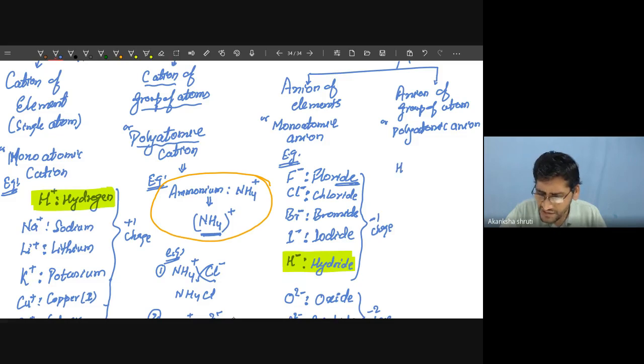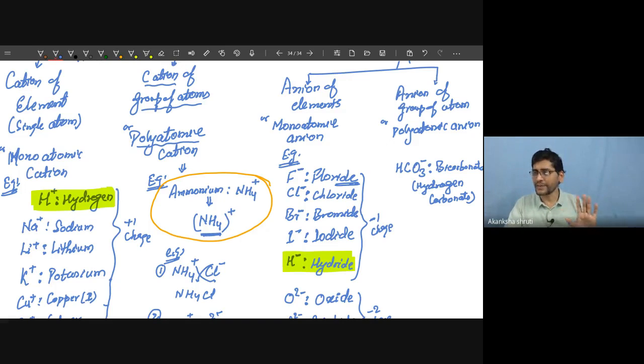If you have hydrogen, then carbon, then CO3, this group of atoms carries 1 unit negative charge and is called bicarbonate. Sometimes this is also called hydrogen carbonate. So the name of each ion you also have to keep in mind.